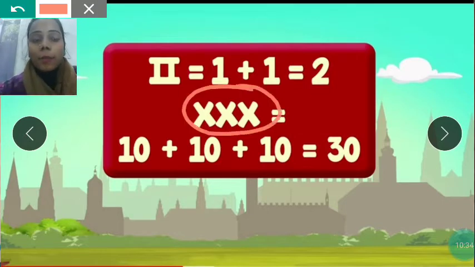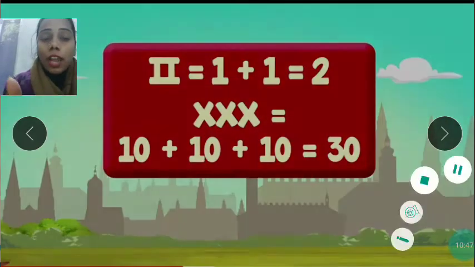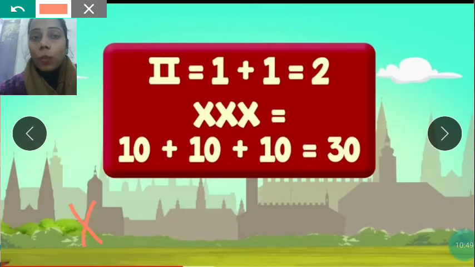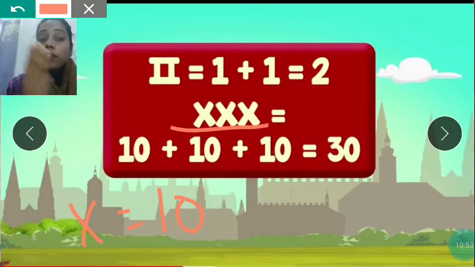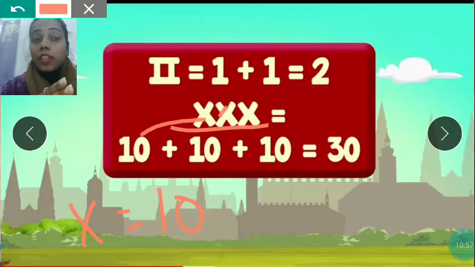As for the example, student, if XXX is there, how many X's are here? Triple X is there, and the value of a single X is equal to 10. Now how many X's are here? 3 X's. So what do we have to do with these 3 X's? We have to add them. So 10, 10, 10.